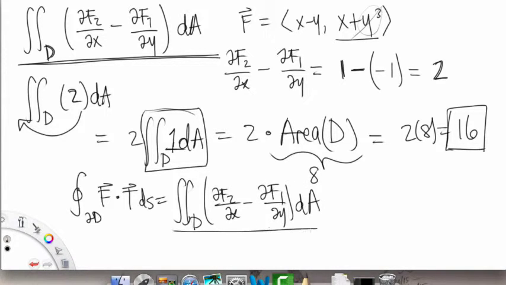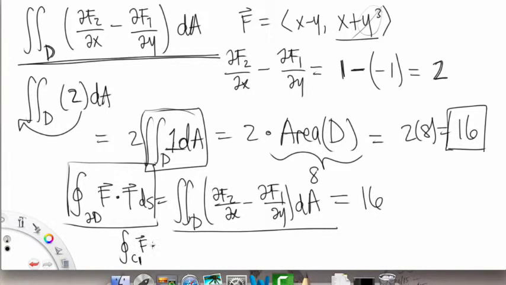So this is what we found to be 16. Therefore, the line integral over the entire boundary of the domain is 16, but that's not what the question was asking for. The question was asking for the line integral only over C1. Okay, so this is where it gets a little bit tricky, and you have to pay attention pretty carefully. So we've gotten this far, and now let's save this information, and we'll continue with the problem.